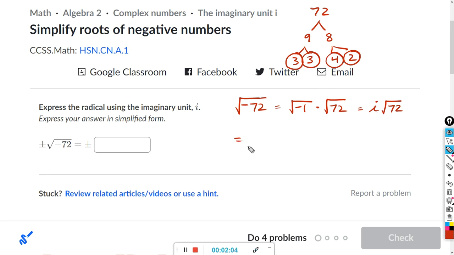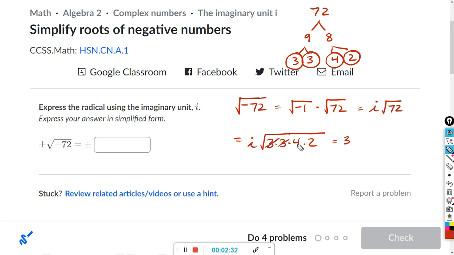So we still have i, and in place of radical 72, I am going to write 3 times 3 times 4 times 2. The square root of 3 times 3 is just 3.